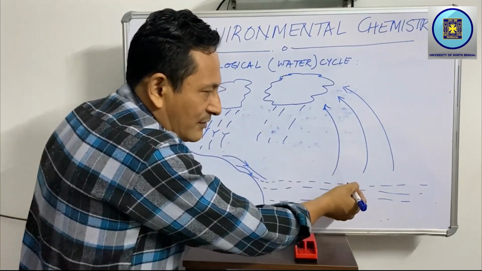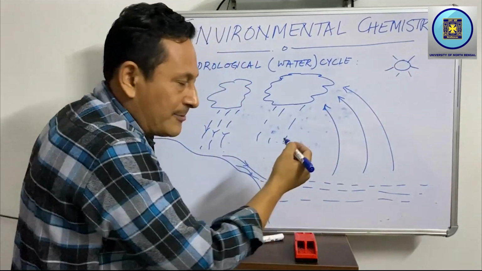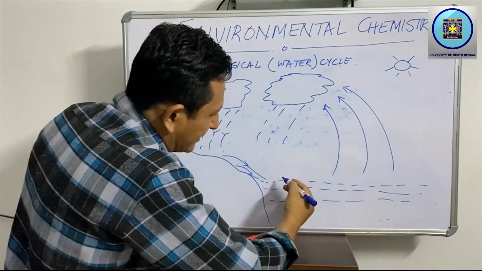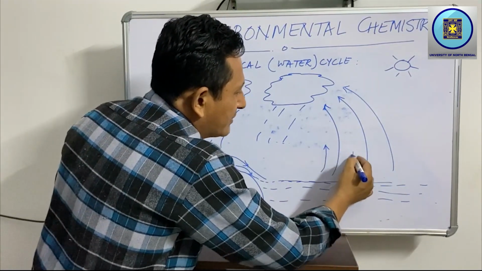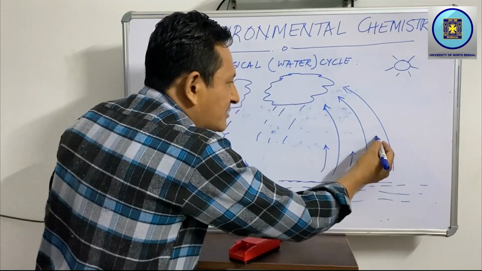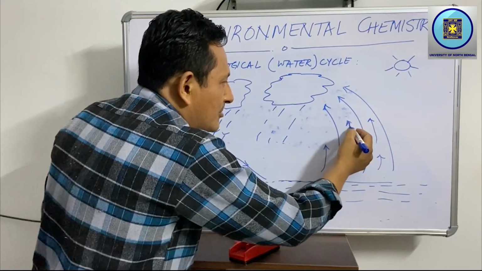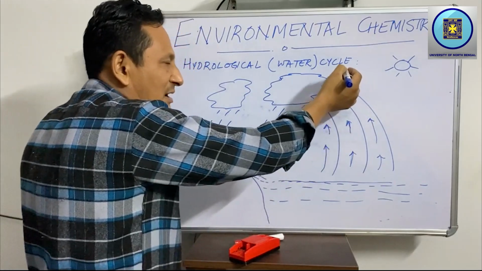First off, we have the heat of the sun providing energy. It heats up the ocean water, which starts to evaporate. So whatever water vapor is there, it starts to rise slowly because the hot air takes it up into the sky.